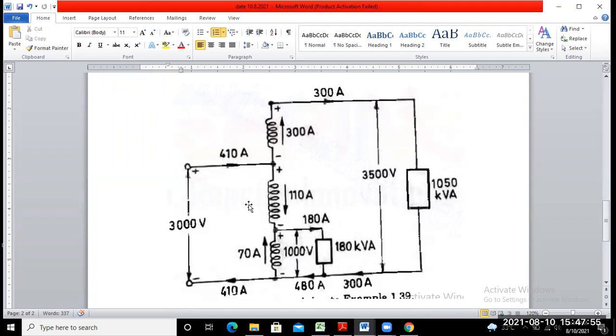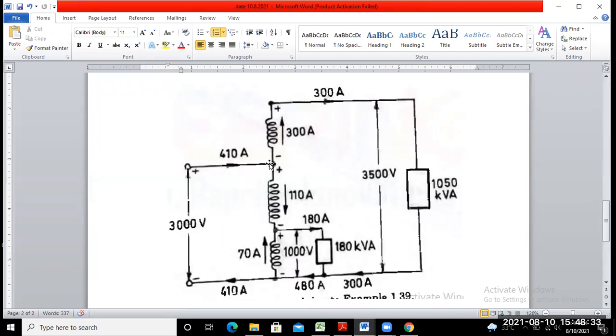So this circuit diagram is clear. According to your output voltage or load voltage required, connect the windings in such a manner that you will get that appropriate output voltage. Okay, one load is connected at 3500 volt and another load is connected at 1000 volts. So you must be careful about the winding connection in the auto transformer. Just try to solve this problem, and simply apply KVL, then you will find all the currents in all branches or in all windings.